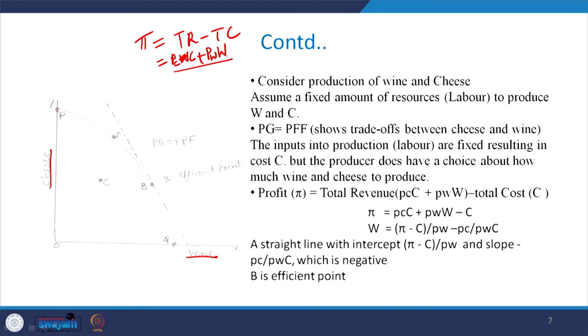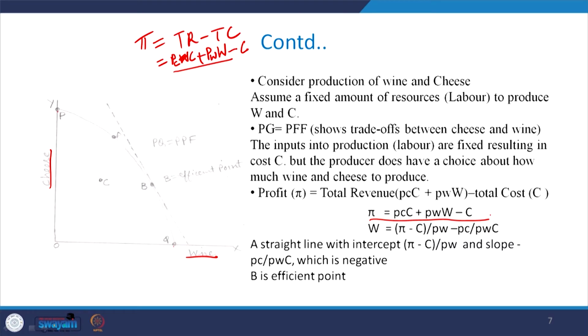Now, for total cost, we assume that only labor is used to produce. So, the quantity of labor multiplied by the wage rate is the total cost. So, in this equation, pi, the total profit, is equal to the market price of cheese multiplied by cheese, plus the market price of wine multiplied by the quantity of wine, minus C, the total cost.